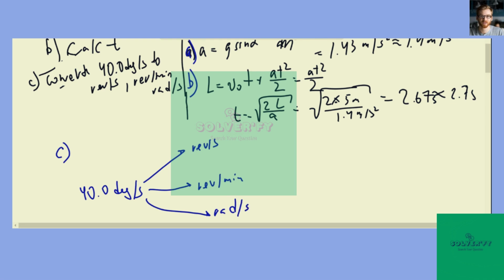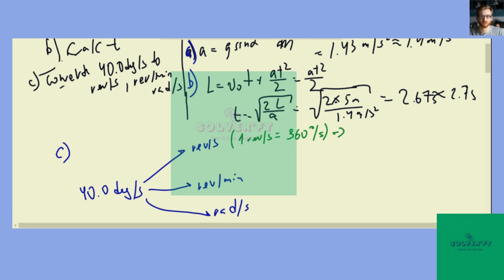So let's do this conversion. As we know, 1 revolution per second equals 360 degrees per second.